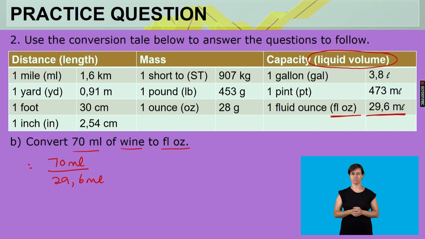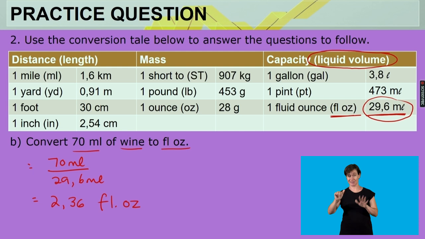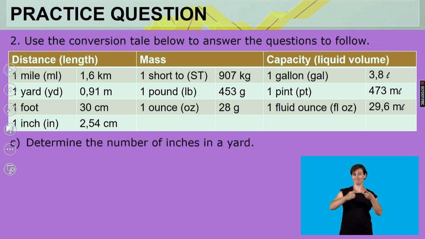This will give us 2, and I'm going to round off to 2 decimal places, 2.36, and this will be fluid ounces. Guys, are we clear? I took my 70 milliliters, I divided by this factor of 29.6, and then I ended up with an answer of 2.36 fluid ounces. Are we fine? Let's look at another question.